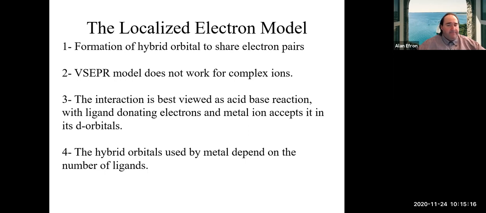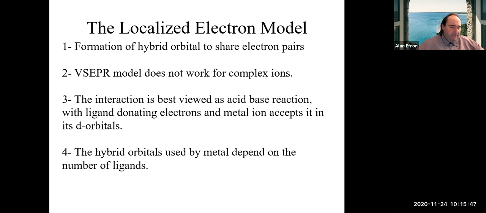So we do see a little bit of that in our complex ions and in what develops in terms of their geometry. It is relatable to the VSEPR model, but not perfectly. We often think of these interactions more like a Lewis acid and base, which is why we call our ligands Lewis bases, in terms of accepting and donating electron pairs.